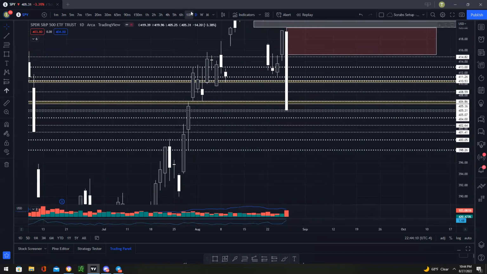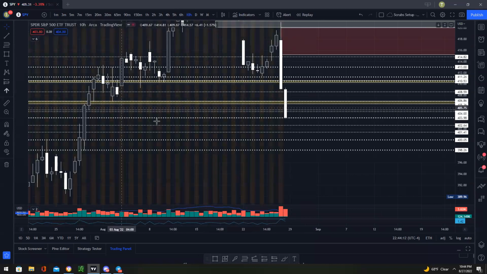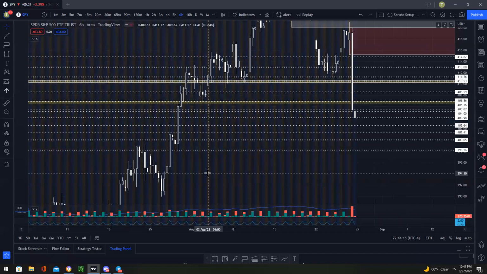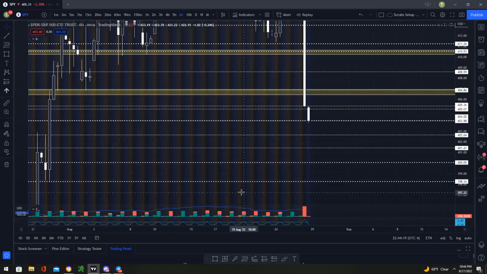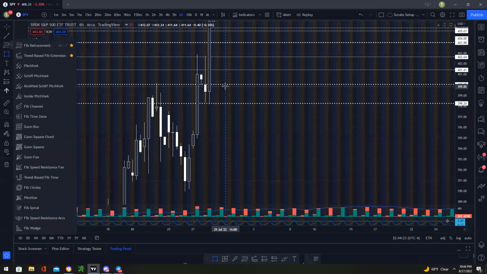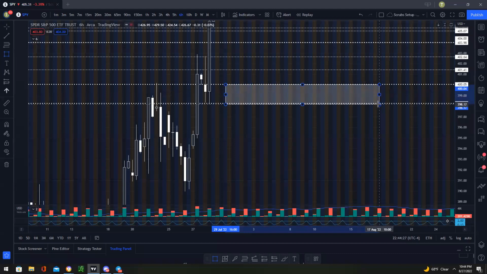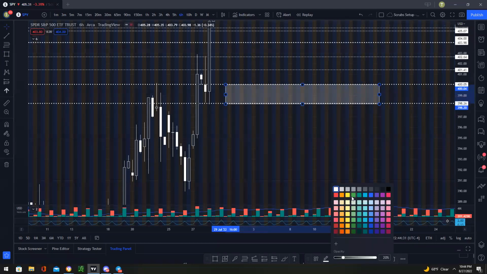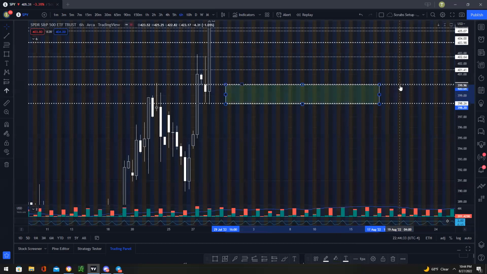And then let's see what else we can find. 10-hour. I'm just trying to see if we have any demand zones or anything over there in this specific region. There we go. 6-hour. So this is a drop base rally. He's marked from the top of the basing to the lowest candle, the lowest wick. This is a 6-hour demand. And what do you know? Right at a 400 level.